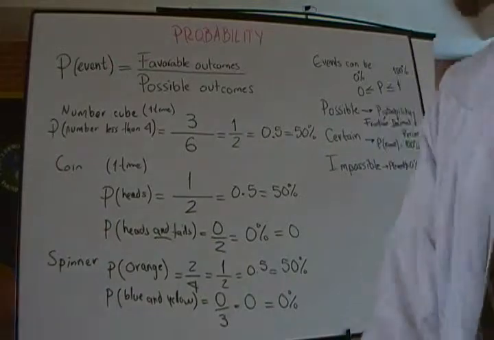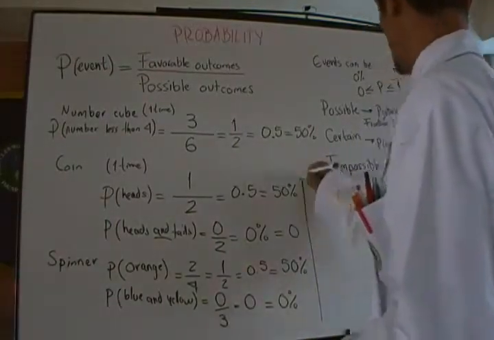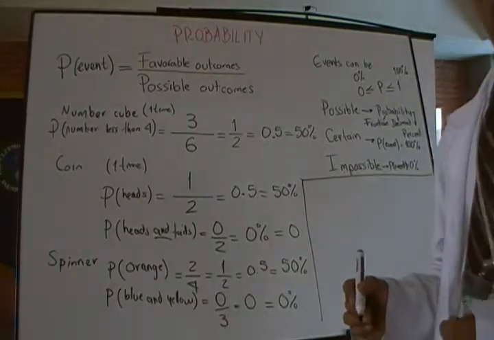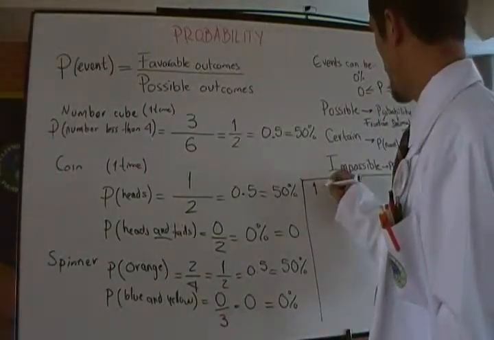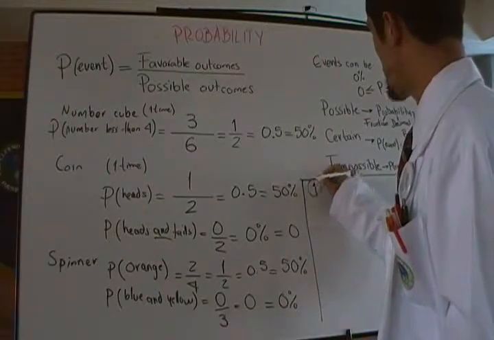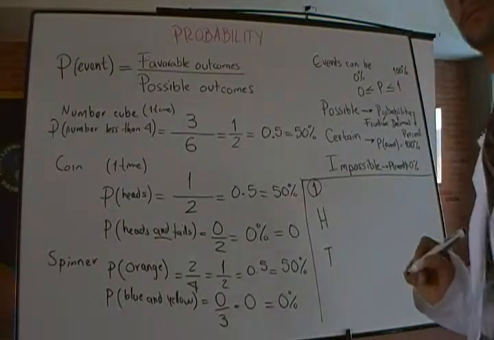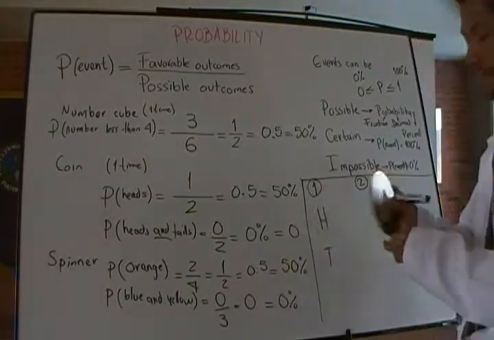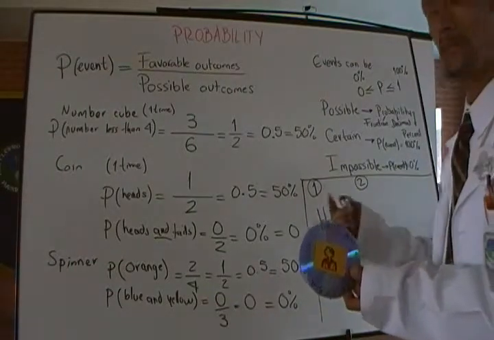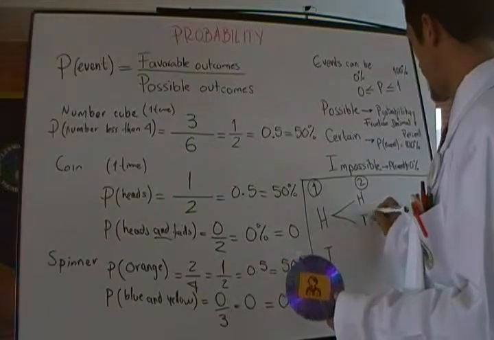For example, I'm going to toss a coin twice. The first time I toss the coin, I have 2 possibilities, heads or tails. The second time I toss the coin, let's suppose I got heads on the first attempt. On the second I have 2 possibilities, so I can get either heads or tails.